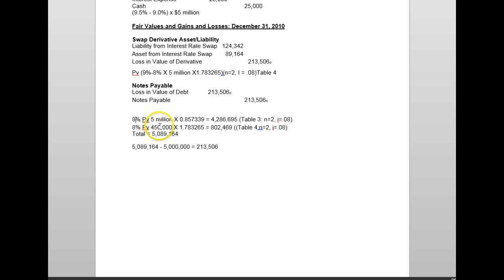So these two figures added together come up to $5,089,164. That 164 right here is kind of acting like a premium on there, isn't it?